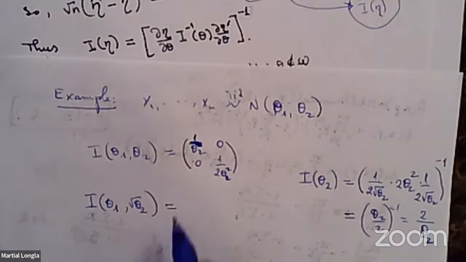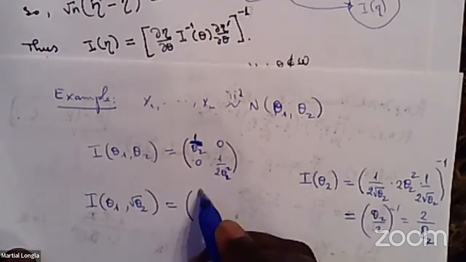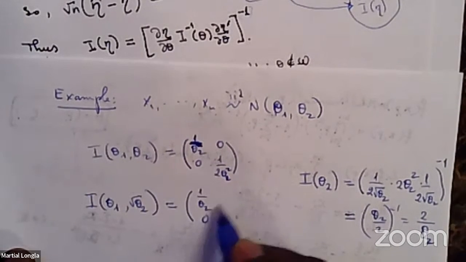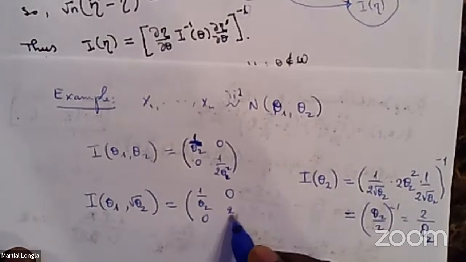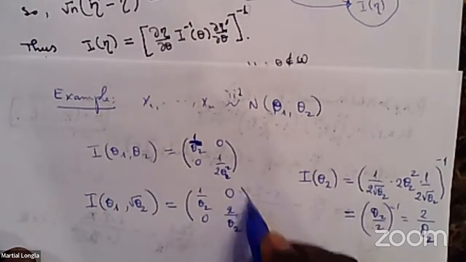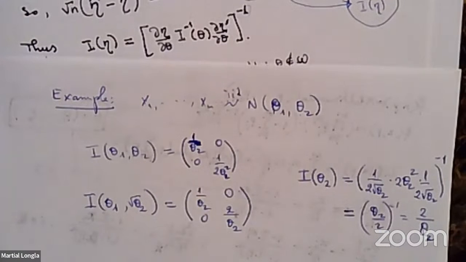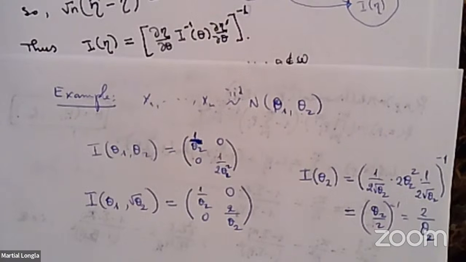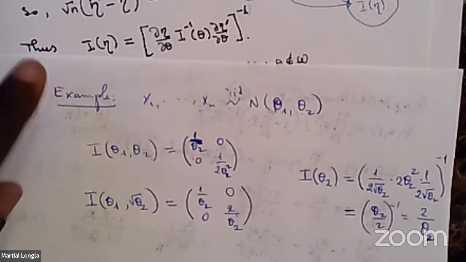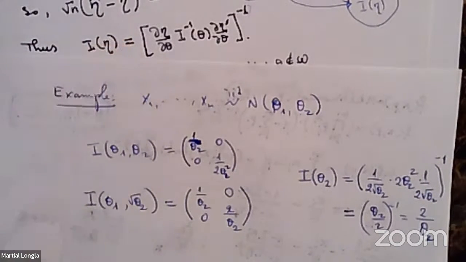So when you take a function of the parameter, it changes the Fisher information through this formula.